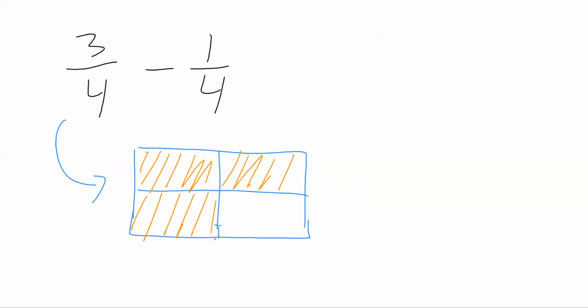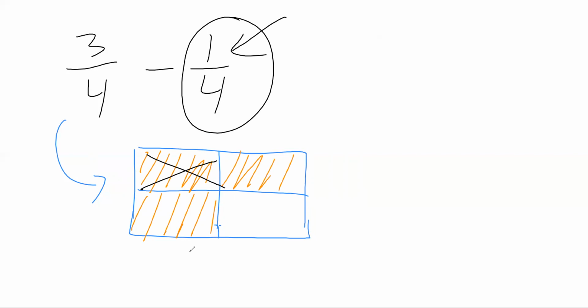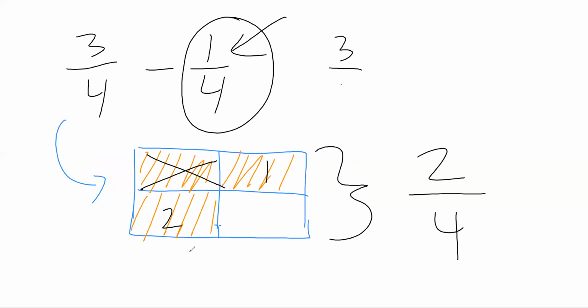And then we're going to go back and subtract the second fraction, which is 1/4. So we're just going to get rid of one of these that we shaded. And I can now see that I still have 4ths, but I now only have 2 parts. So 3/4 minus 1/4 equals 2/4.